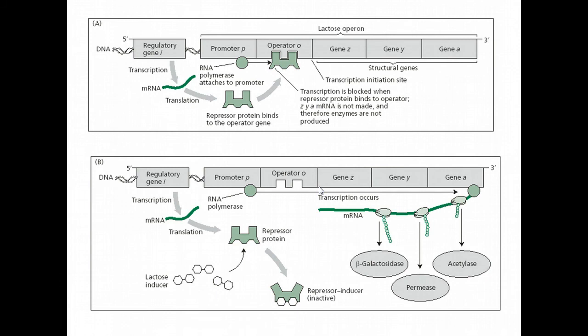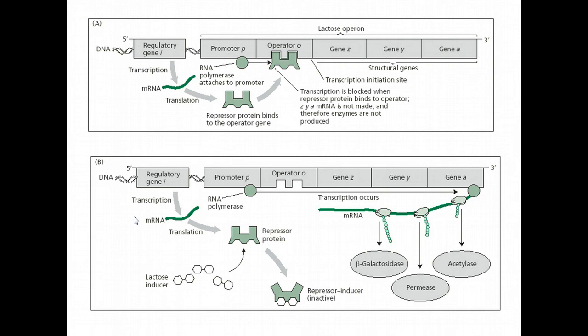Now, what I've done here is put the first one we just talked about there. And now at the bottom in B, we have a system where lactose is present. So now you've taken the cells and you've shot in some lactose. And we know that bacteria can live on lactose alone.